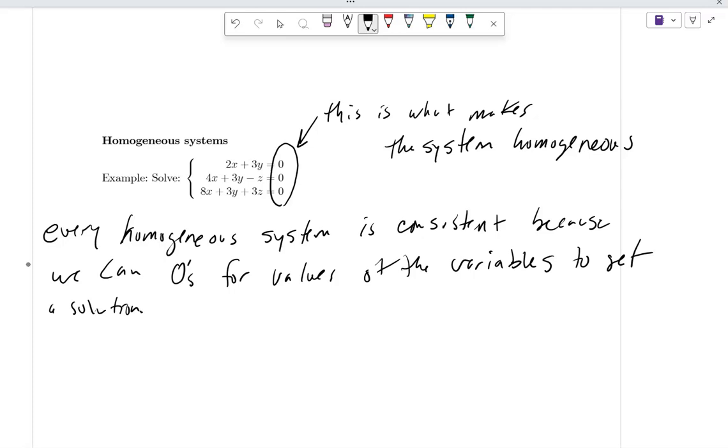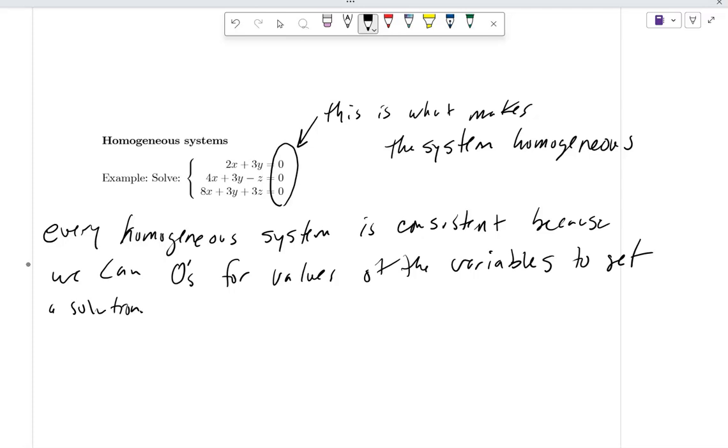What we will be interested in going forward is whether or not the homogeneous system has non-trivial solutions. Are there solutions that aren't just 0? If you're in differential equations this semester, or you've had differential equations, you'll a lot of times look for solutions to the homogeneous equation, which is you want non-trivial solutions for.